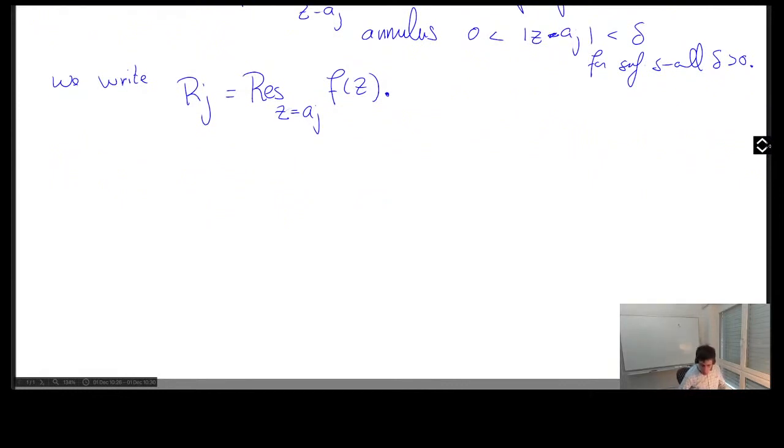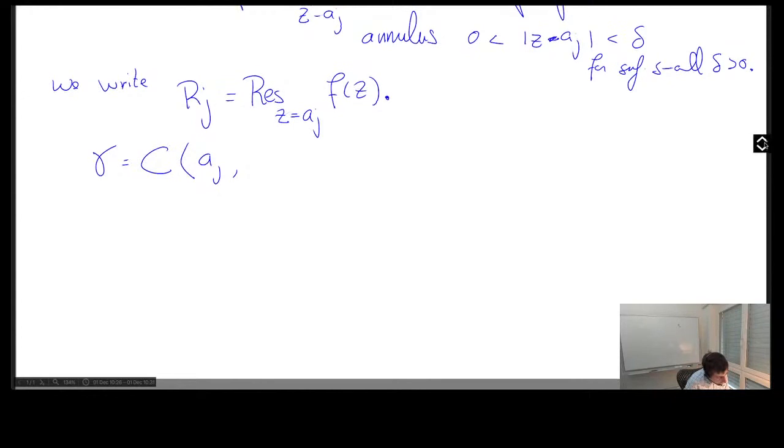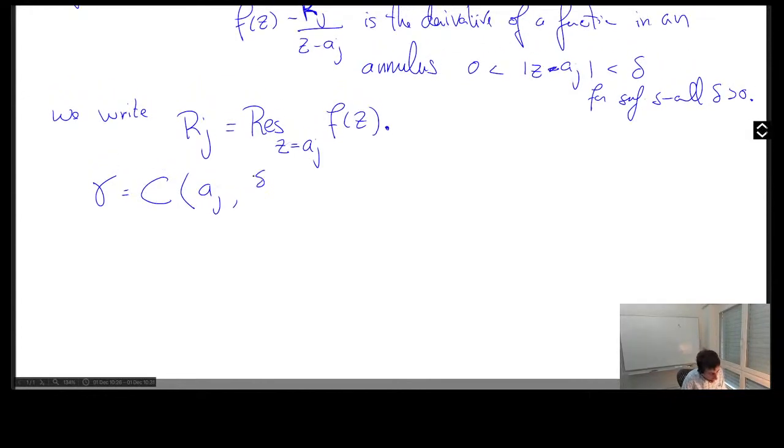Okay. So now, if I take a curve, say a circle centered at Aj, with radius delta over 2, just to make sure I'm inside the annulus and don't touch any other singularity. Maybe I should use subscript j just to be more complete.